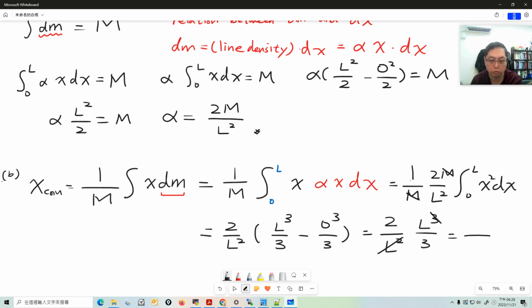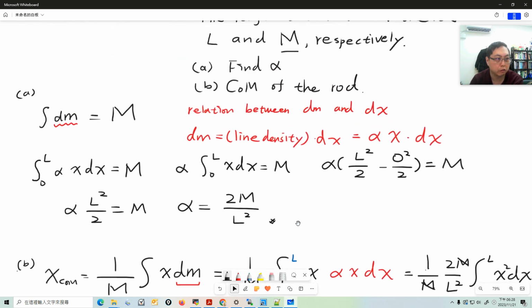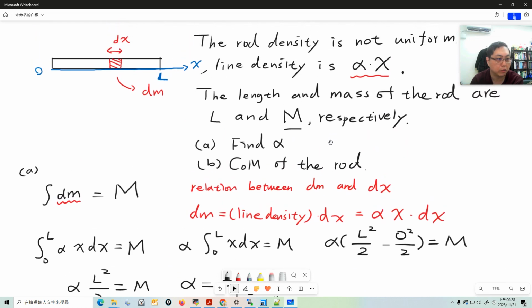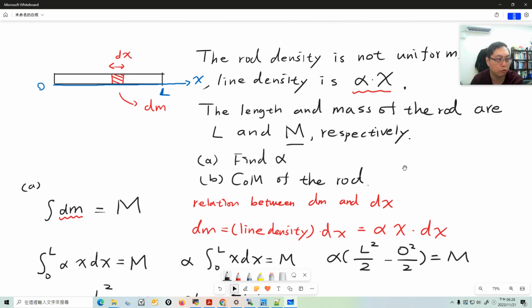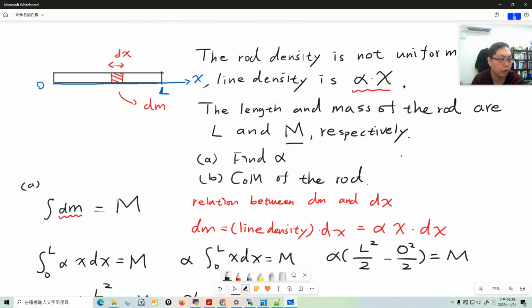So it's 2 over L squared times L cubed over 3, which is 2 over 3 L. So the center of mass is 2 over 3 times L.